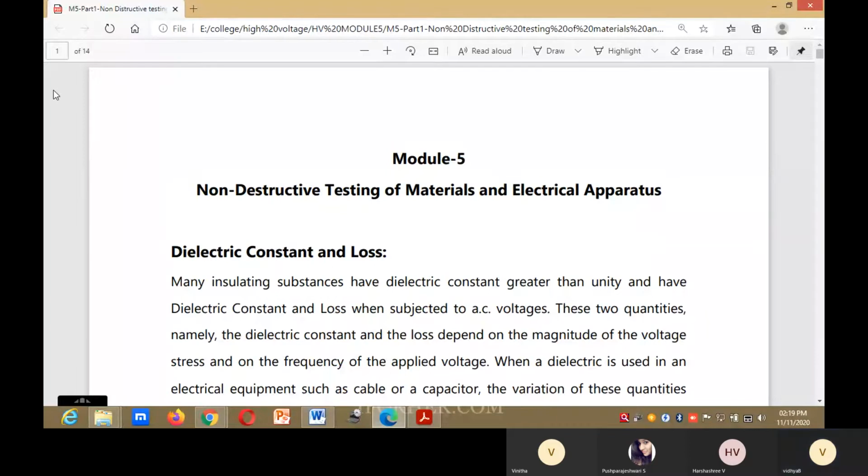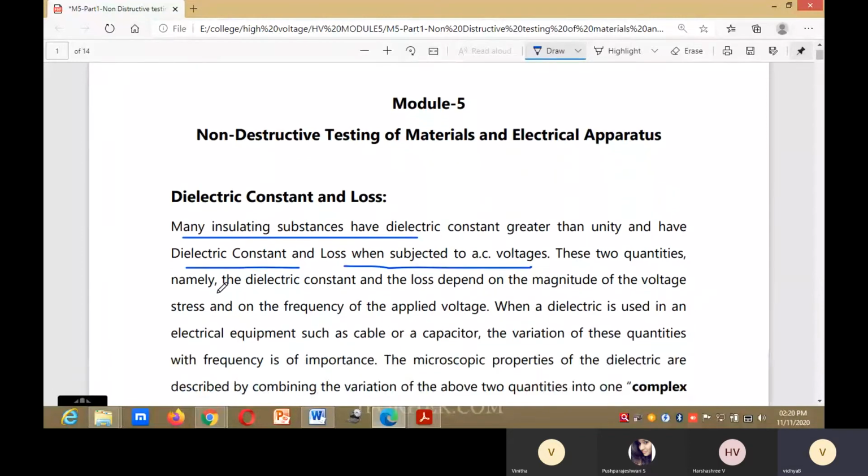The first topic is dielectric constant and loss. Many insulating substances have a dielectric constant greater than unity, and have a dielectric loss when subjected to AC voltages.